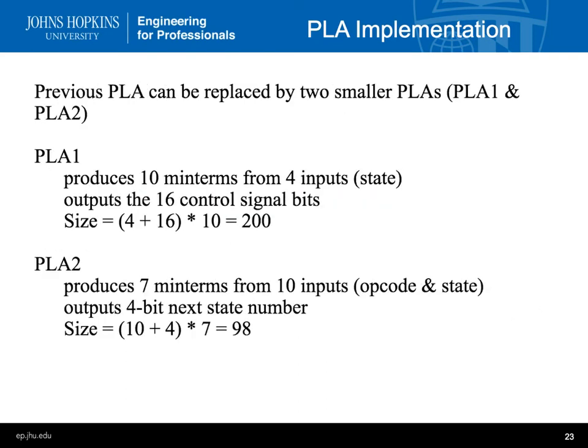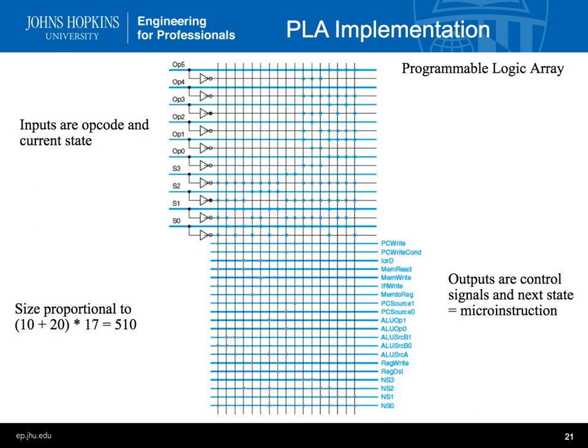If we want to make it even smaller, we could have the 10 that come from just 4 inputs and the 7 that come from 10 inputs, if we could make two littler PLAs. But here's this again.